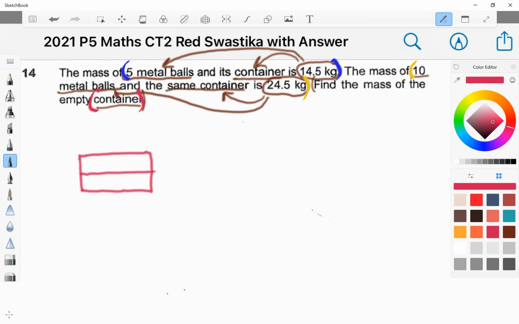So yeah, the red rectangle that I just drew, basically that's my container. And you will realize that I stack them nicely together, one above the other. The next thing is I have 5 metal balls. I can choose to cut them one by one, which I will show you right now.